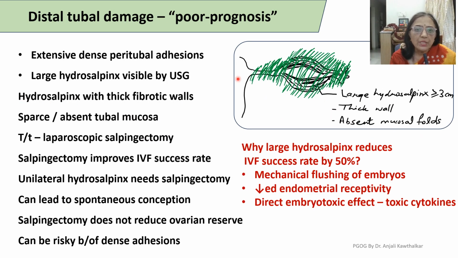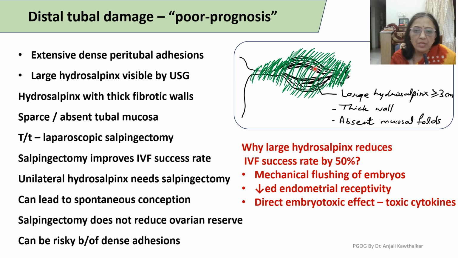On the other hand, the opposite will be the case with poor prognosis. Extensive dense peritubal adhesions will be present. A large hydrosalpinx will be visible, which will also be seen by ultrasonography, or clinically we can palpate an adnexal mass. This hydrosalpinx will have thick walls, and when we open it, absent mucosal folds will be seen.